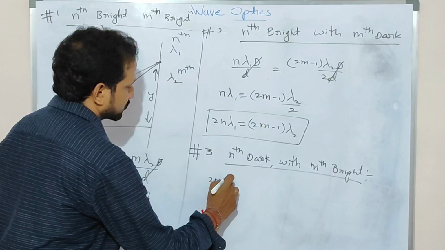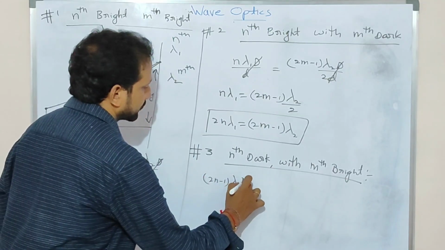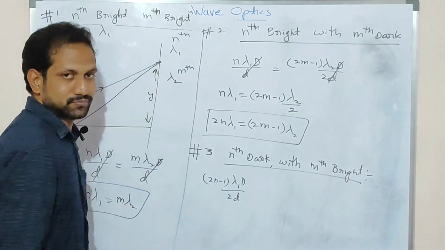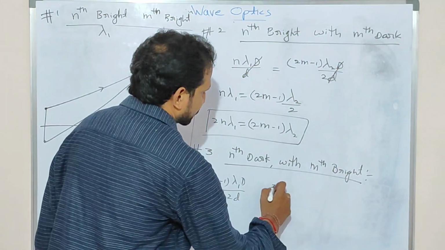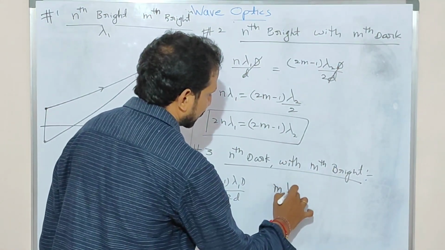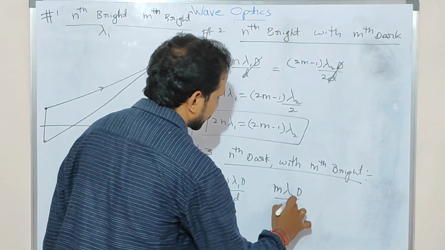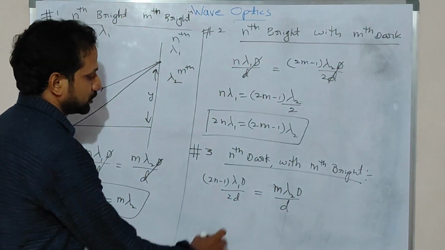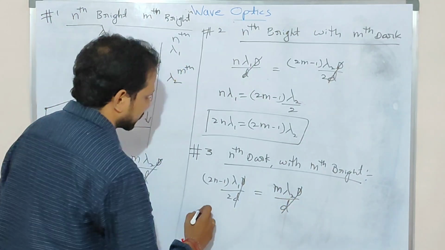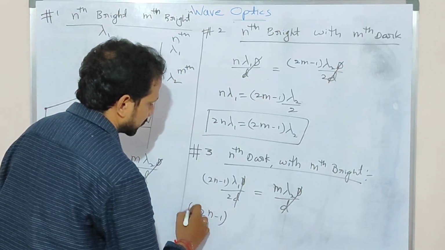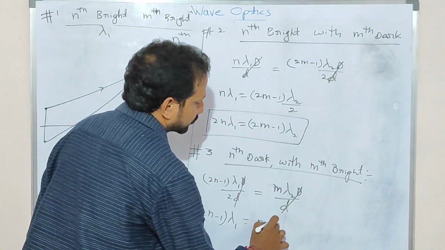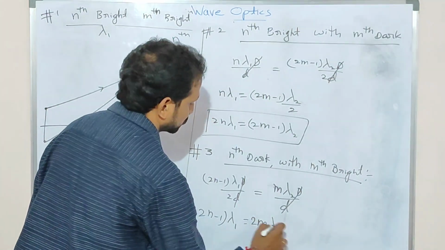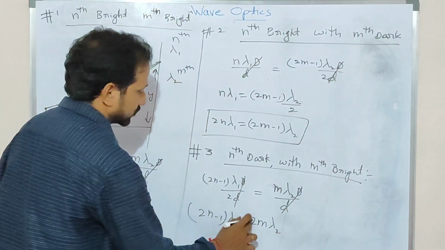So (2n minus 1) lambda 1 D by 2d. This is the nth dark fringe of lambda 1. The mth bright fringe is m lambda 2 D by d. Both are equal again. If you equate and cancel this, you will get (2n minus 1) lambda 1 equals 2m lambda 2. This 2 will come over here.